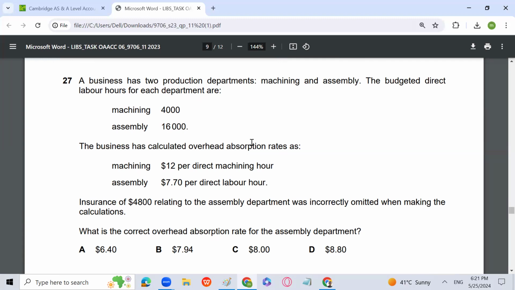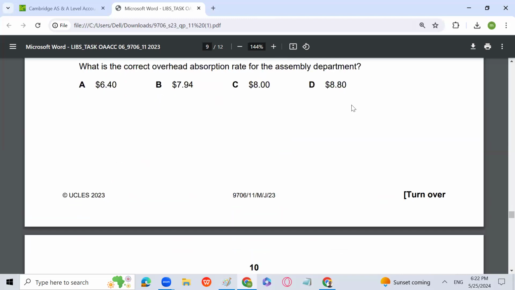So C is the answer. How come? 4,800 divided by 16,000 is 0.3, the overhead absorption rate which has not yet been taken into account. So 0.3 will be added to the overhead absorption rate of assembly: 7.7 plus 0.3 is 8. The correct overhead absorption rate answer is C.